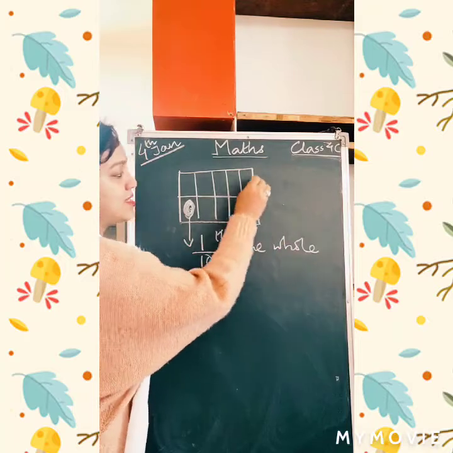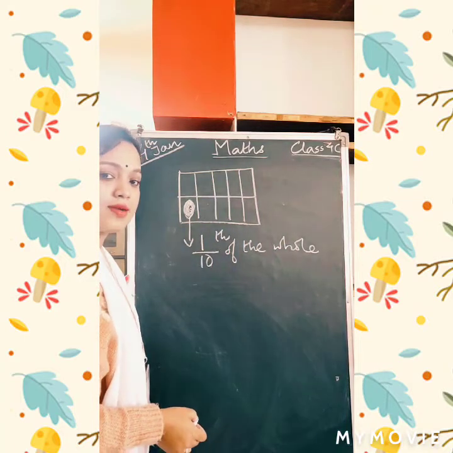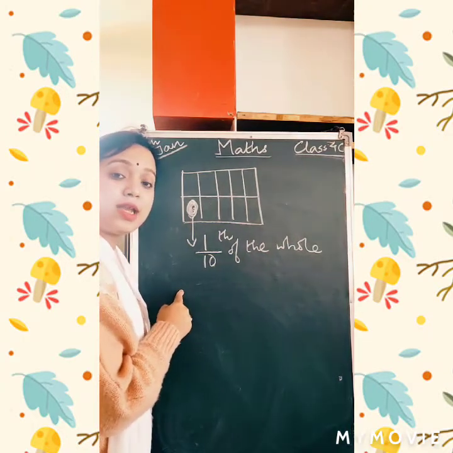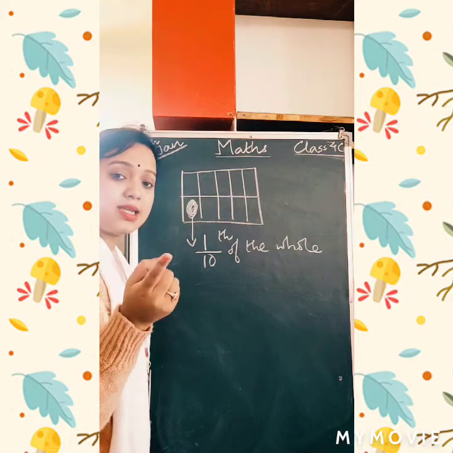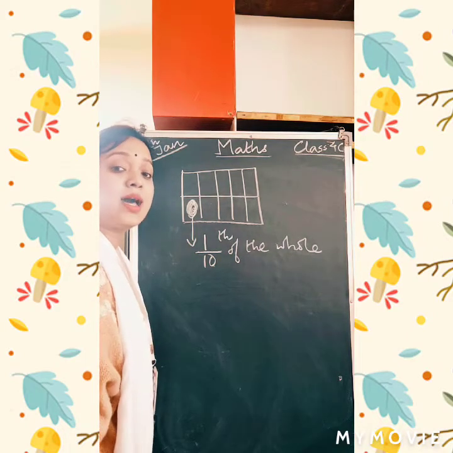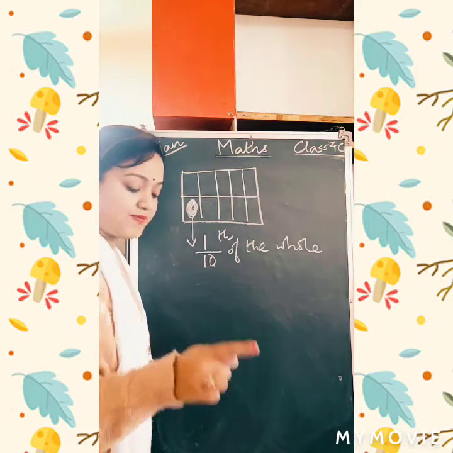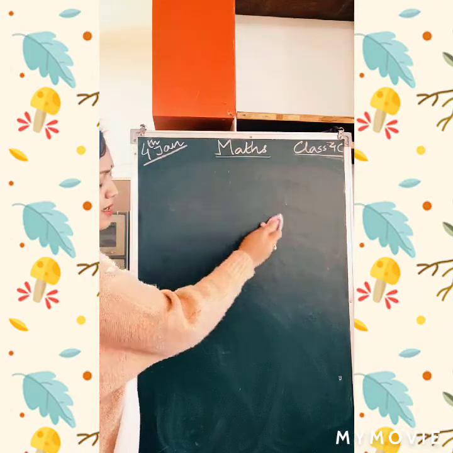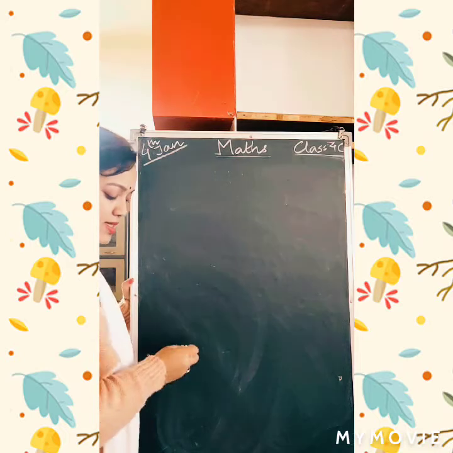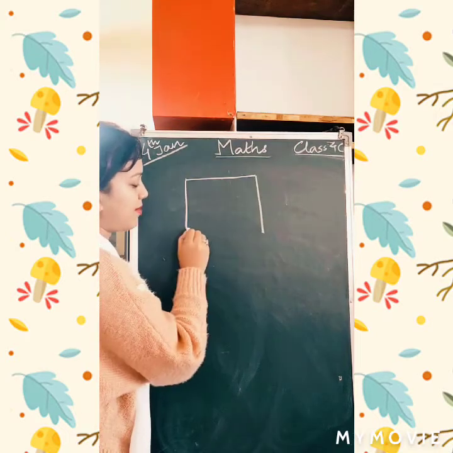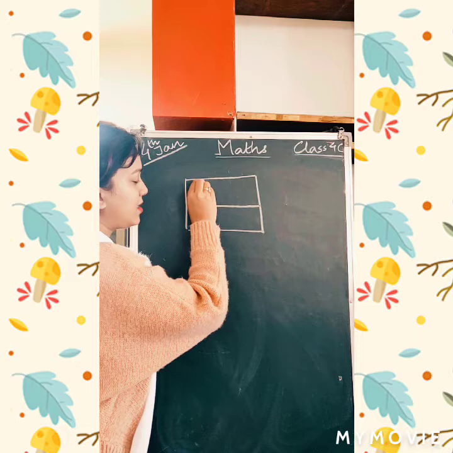Correct? Whole in the sense the entire square. So, like that, if I divide a square into 100 equal parts, then each part will be 1/100 of the whole.